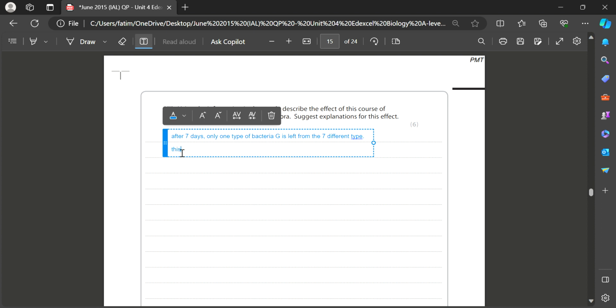So why is G left? This may be because G is resistant.